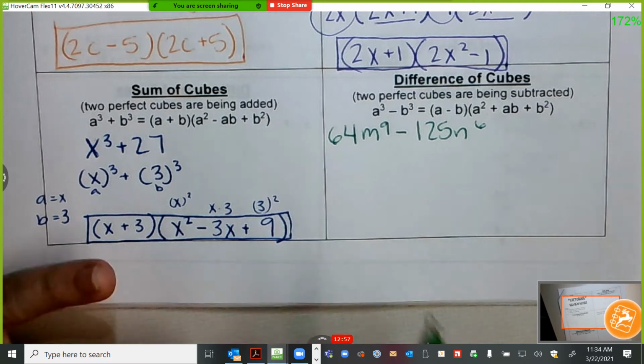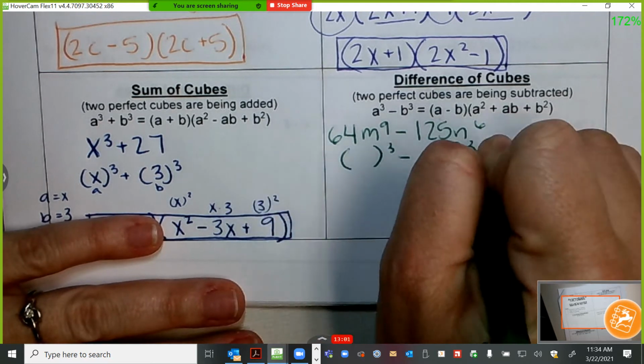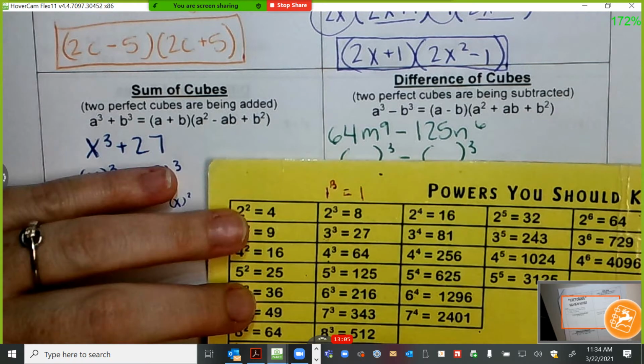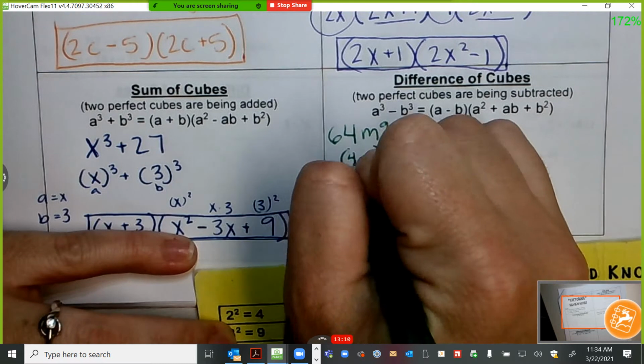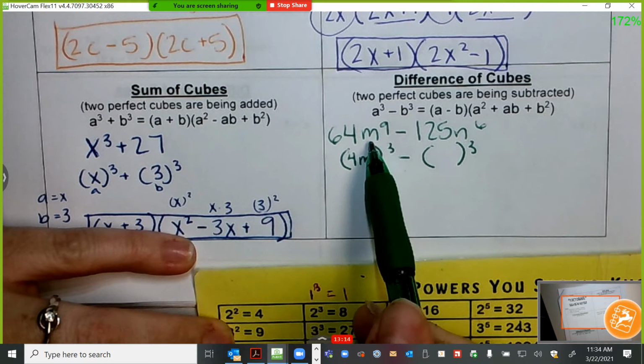Okay, so we need something cubed minus something cubed. Well, 64 is 4 cubed. We have that m. Now, we have 9 m's.